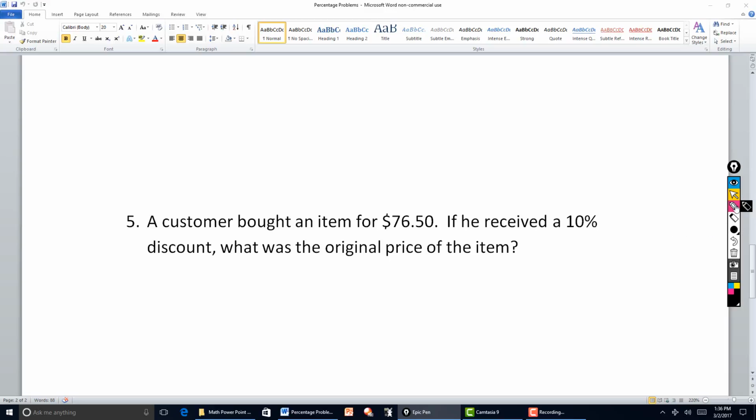So we'll set this up again. The formula that we want to use is A is equal to the rate times the base.